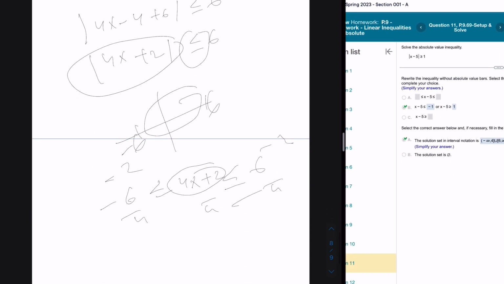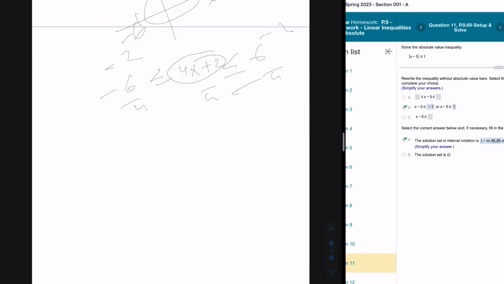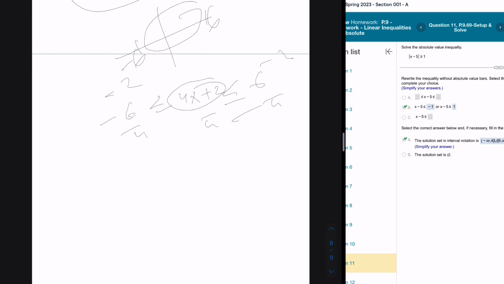Now we got the answer. So look, now our absolute value is greater. If the absolute value is greater, minus 1 and 1, then our interval will look like this.